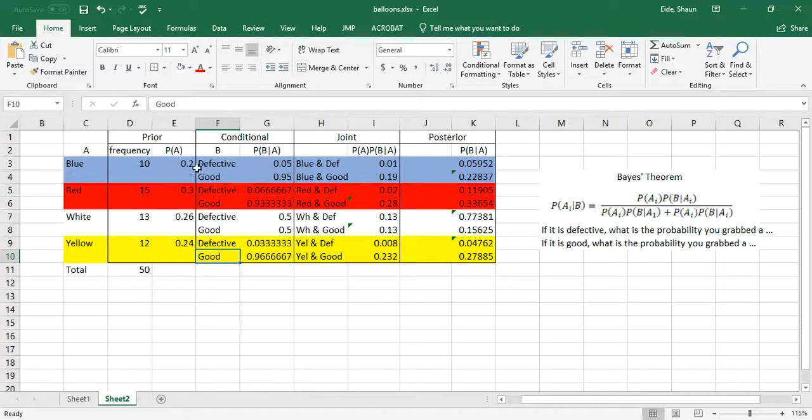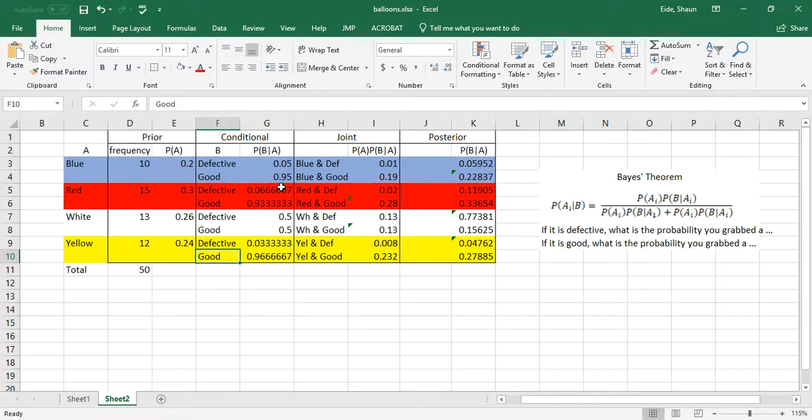And then to make the joint probability, that would be saying, what is the probability of randomly grabbing a blue balloon that is defective? Okay, so I've got 50 balloons here. What is the probability that I would grab a blue balloon that is defective? And the way that you do that is you multiply 0.2 by 0.05.